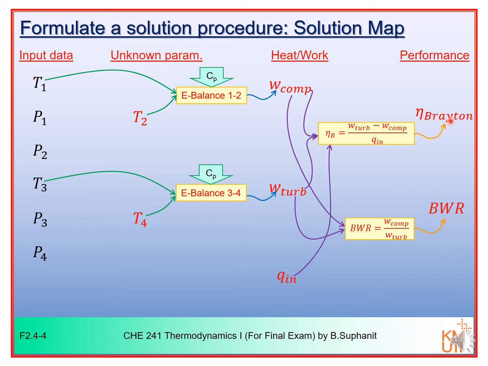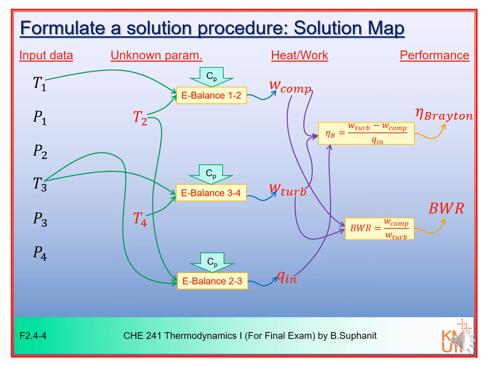Similar to process 1-2, we need T3, T4, and Cp. However, we don't know T4 at this point. Finally, the heat input can be determined from the mass and energy balances of process 2-3. We need T2, T3, and Cp.